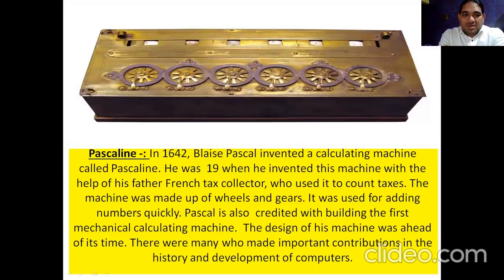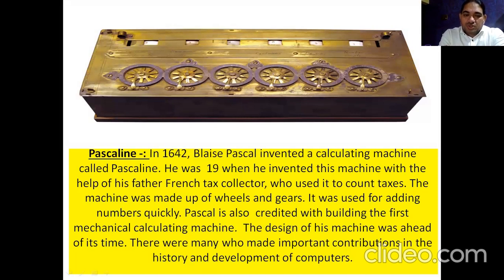Next device, Pascaline. In 1642, Blaise Pascal invented a calculating machine called Pascaline. He was 19 when he invented this machine, with the help of his father, a French tax collector, who used it to count tax.